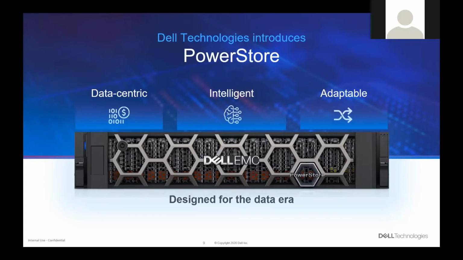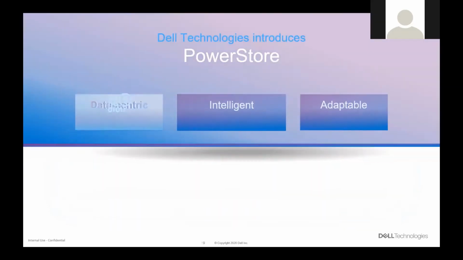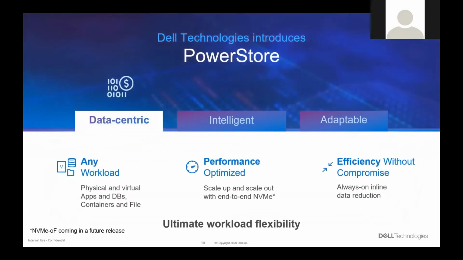So let's take a look at each one of these, and we'll start with data-centric. PowerStore is architected to eliminate any trade-offs in performance. We're looking to be able to handle any workload, modernize, and extend life cycles, whether it's physical, virtual, databases, containers, or file.